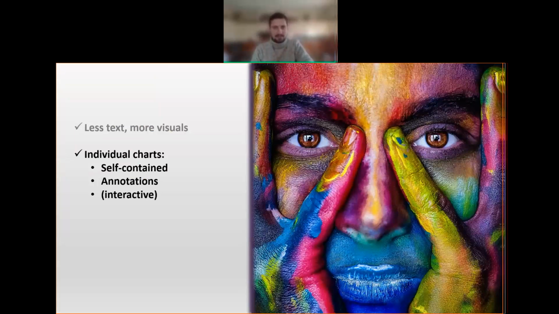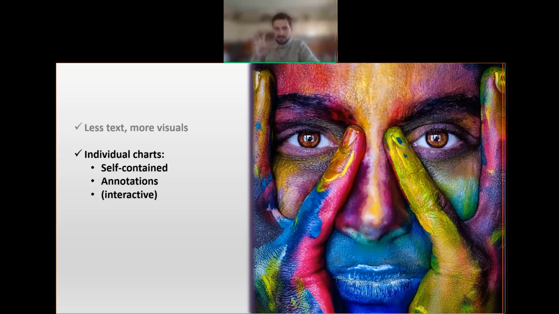In order to do that, we make heavy use of targeted annotations in order to highlight specific aspects of the charts to make them easier to understand. And finally, I put it in parentheses because it's only available in the 2020 edition of the report, but the interactivity allows us to make very efficient use of those annotations.